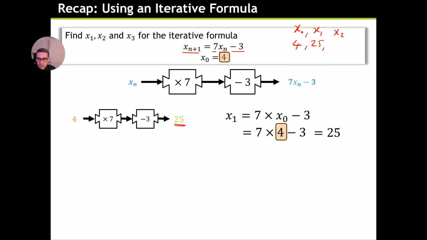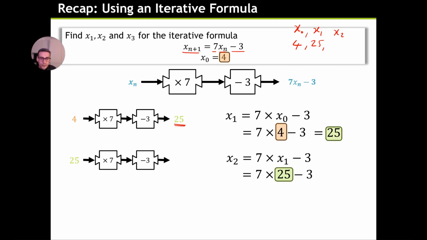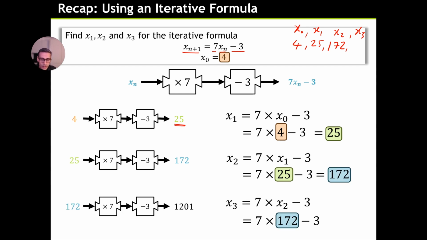So 7 times 25, take away 3. And that's going to give you 172. And then to find what x3 is, we're going to put 172 as our input. So 7 times 172, take away 3. And you can see that's going to give us 1201.